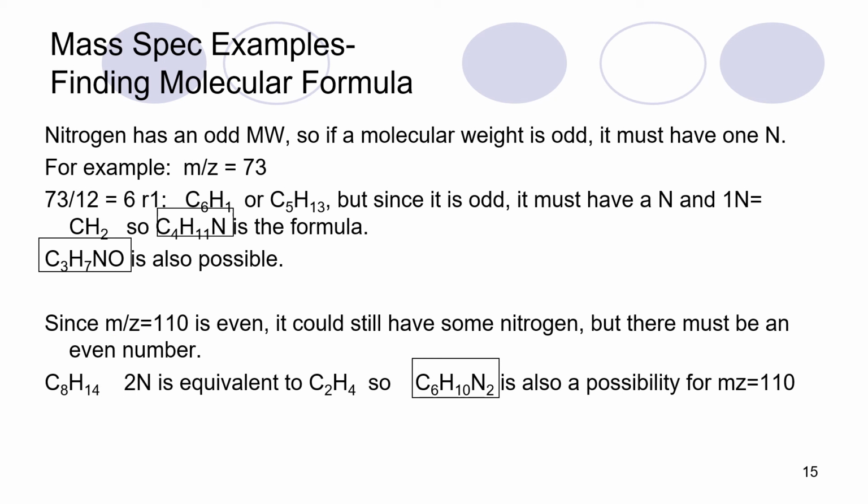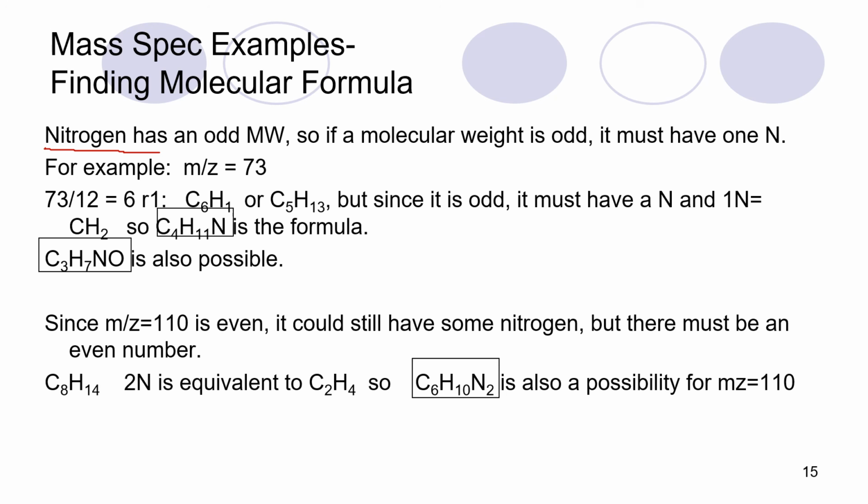An interesting thing that is important to remember is that nitrogen itself doesn't have an odd molecular weight, but nitrogen compounds do, because of an extra hydrogen. If a compound has 1 nitrogen, the molecule should have an odd weight.